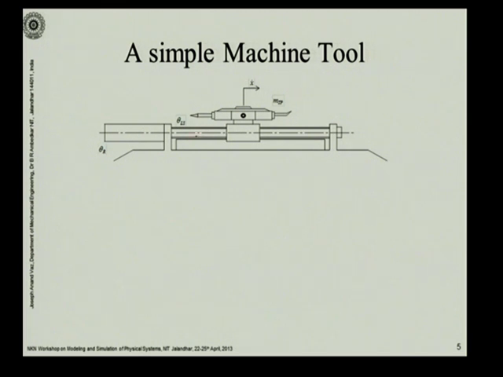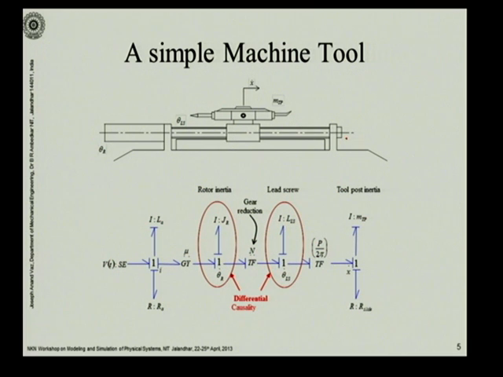As the lead screw turns, because the rotation of the nut is restricted, you just have translation of the nut. The lead screw gets its drive through this motor combination. It may have a gearbox and it may have some coupling over here. So let's see how we model this.